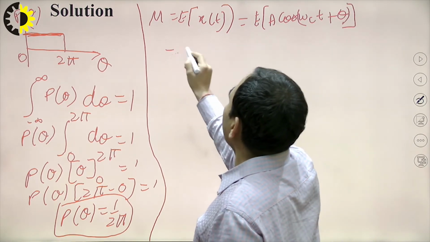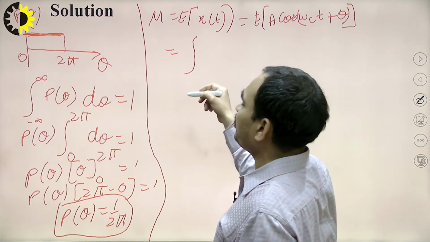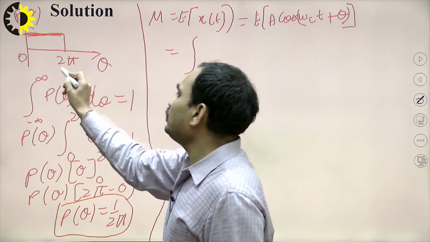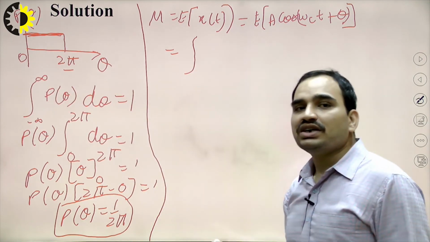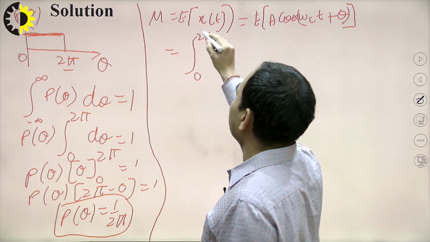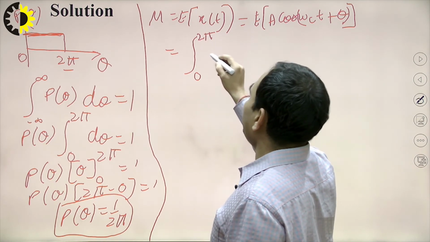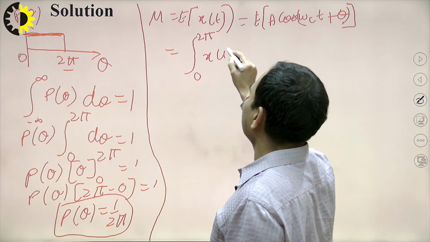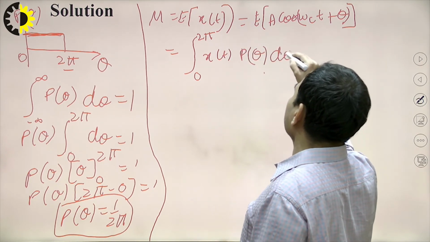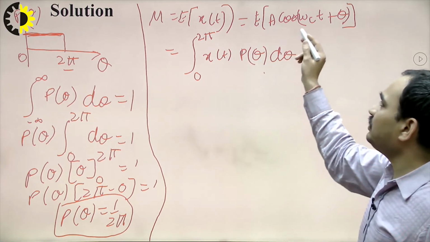According to the expectation, we have the integral from minus infinity to plus infinity, but our function is only from 0 to 2 pi, so I am writing 0 to 2 pi, and we have x of t, p theta and d theta.